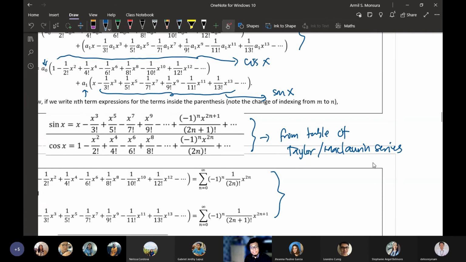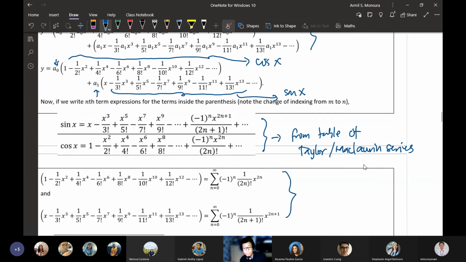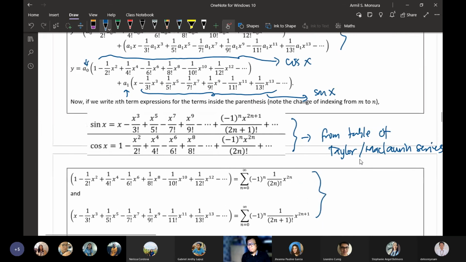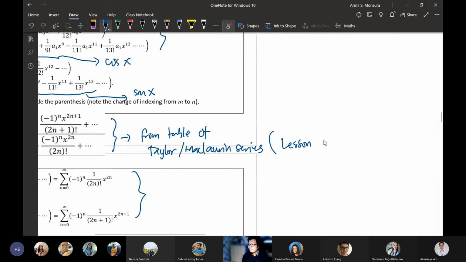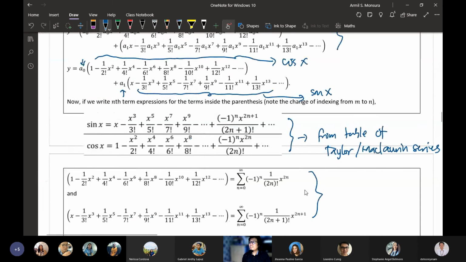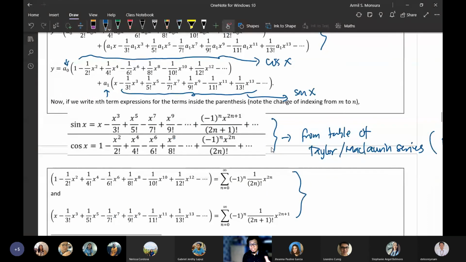If you want, you can find a more comprehensive table of Taylor and Maclaurin series on the internet. There are more comprehensive lists there. What I gave in the lesson, lesson 4.10, is actually just a very basic list. You may see other tables with even more entries.